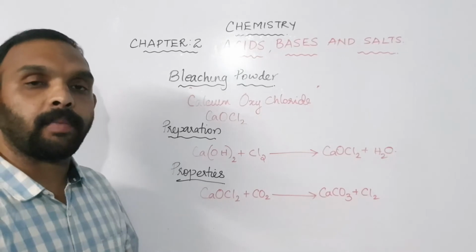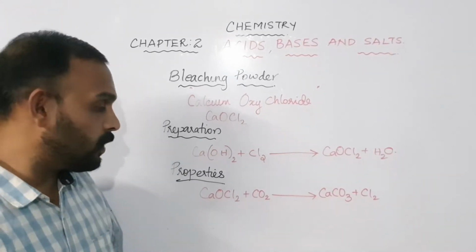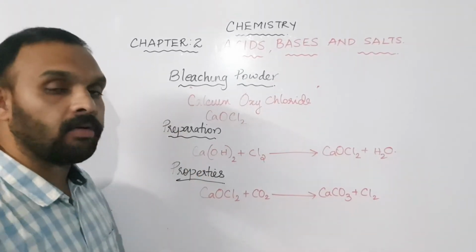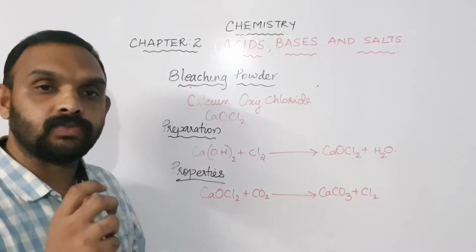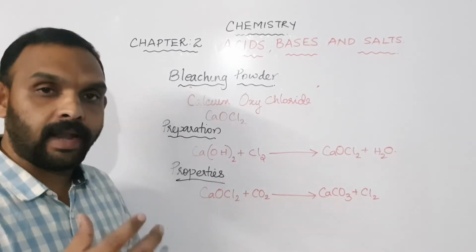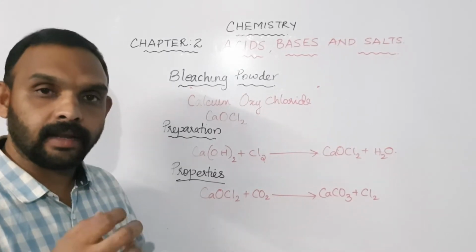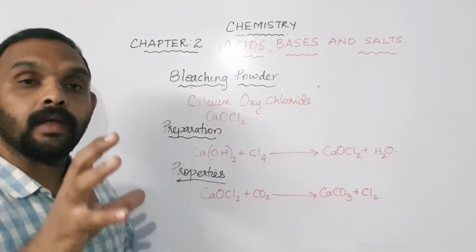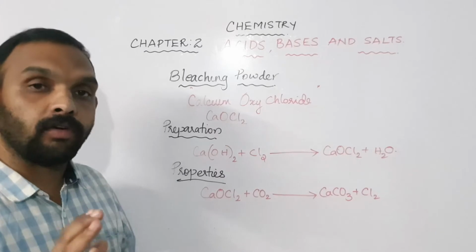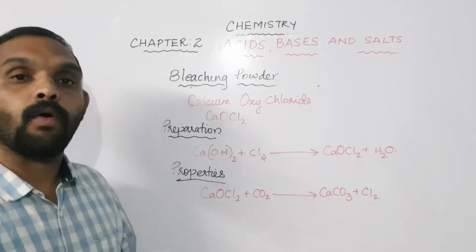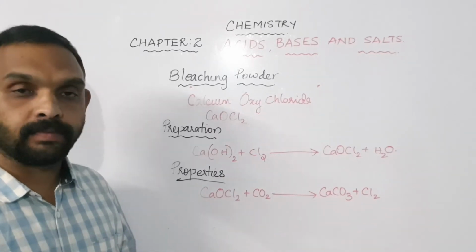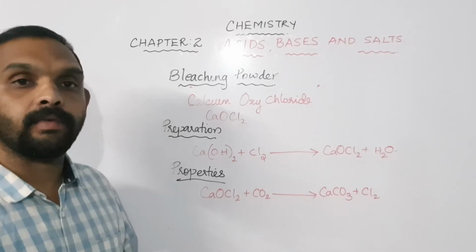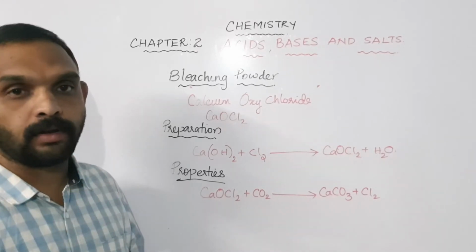Now its fifth property is that it is very important. When calcium oxychloride, bleaching powder, is treated with some dilute acids like HCl or H2SO4, it will form its corresponding salt, as well as all the chlorine will escape out, and this chlorine is used to wash the clothes in laundry.